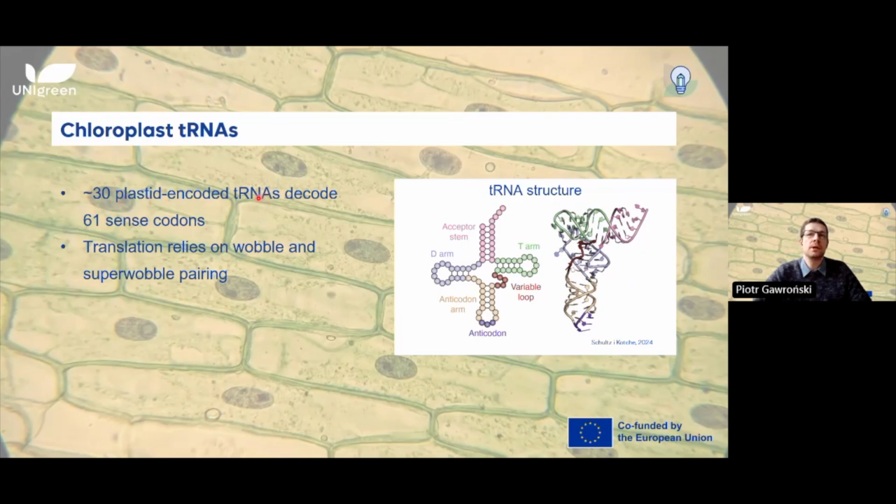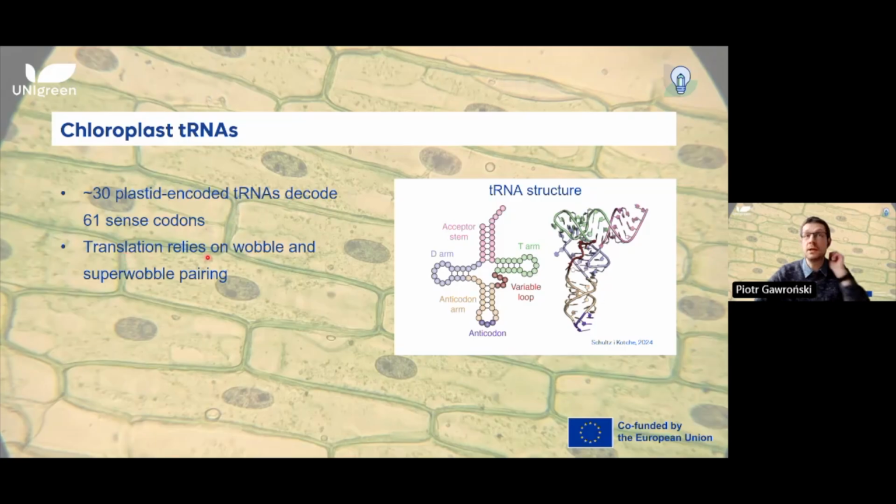These tRNAs decode all 61 sense codons using mechanisms such as wobble and super-wobble base pairing, which allow relaxed pairing between the tRNA and mRNA. Because of this reduced tRNA set, chloroplast translation is highly dependent on tRNA properties and availability.